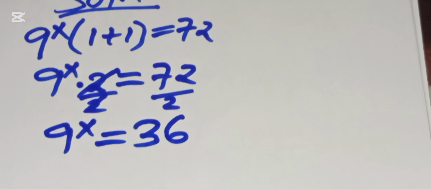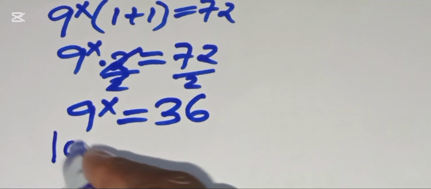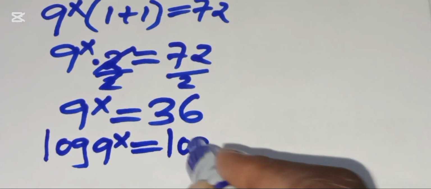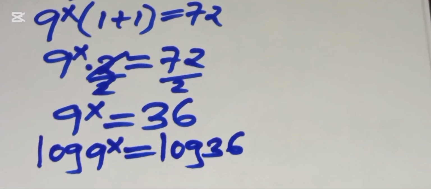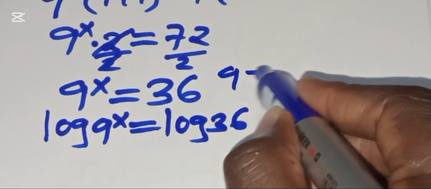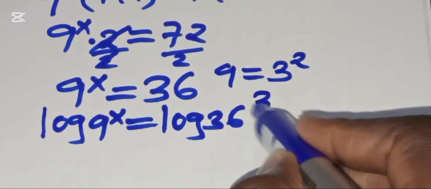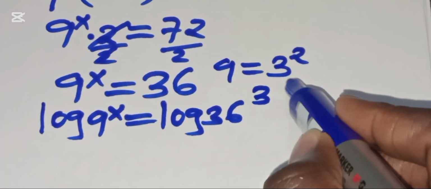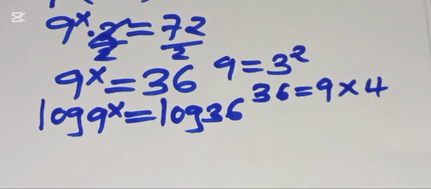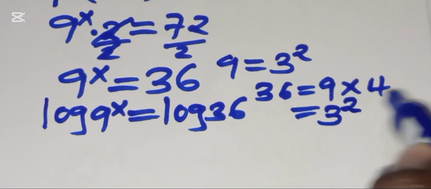To solve for the value of x, we introduce the natural logarithm such that we're going to have log 9 raised to the power x equal to log 36. Now from what we have here, we can express 9 as 3 raised to power 2, and 36 on the right hand side can also be expressed as 9 multiplied by 4, of which 9 we can express as 3 squared.